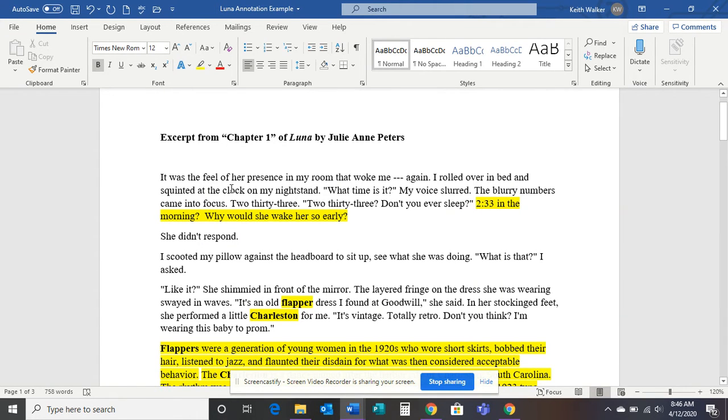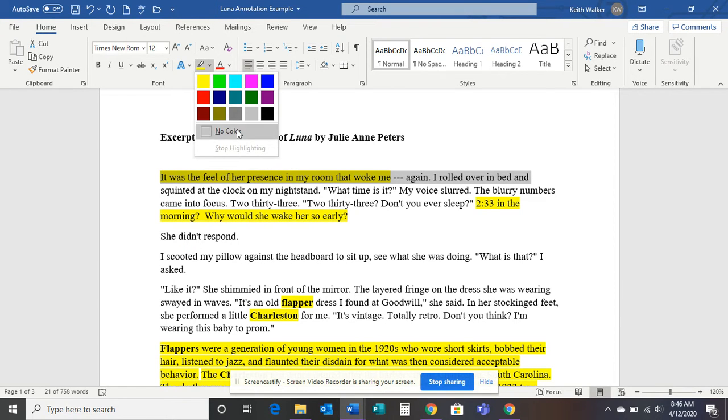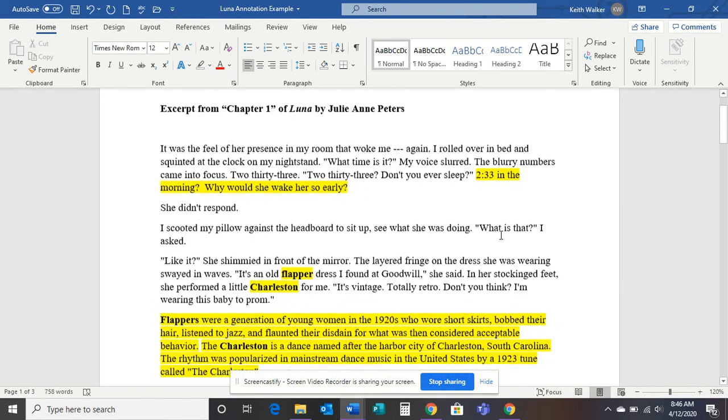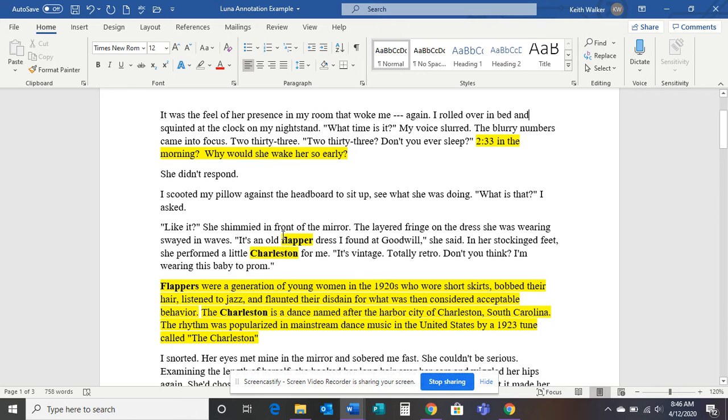So I don't want you to annotate here and say, she woke me up, and highlight it and say, okay, I annotated. No, all of your annotations need to be notes that you put in there. In this paragraph, the girl is wearing a flapper dress that she found at Goodwill. And then she says she did a Charleston for me.